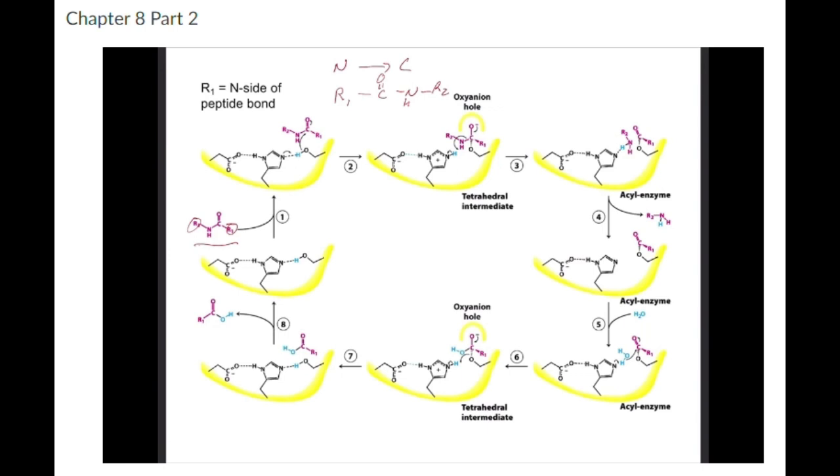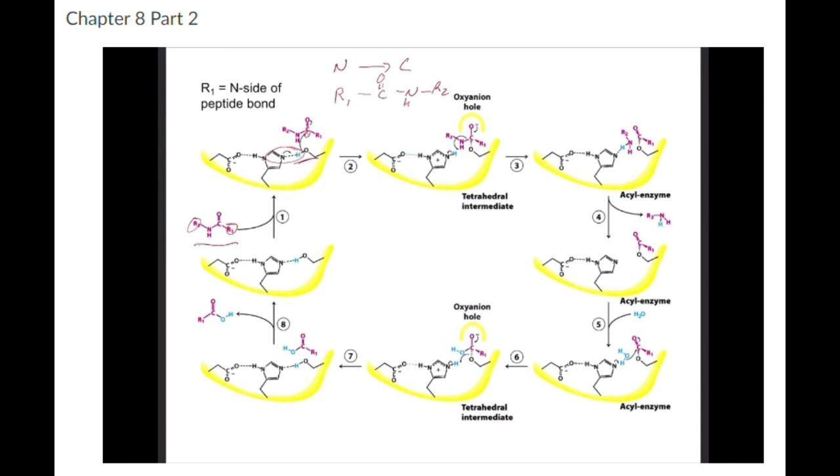So the first step is our peptide bond. Our peptide binds to the enzyme, and we need to deprotonate our serine residue such that it can perform this nucleophilic attack on that carbonyl. And this is done by histidine deprotonating the serine residue and generating an O-, which then attacks the carbonyl.